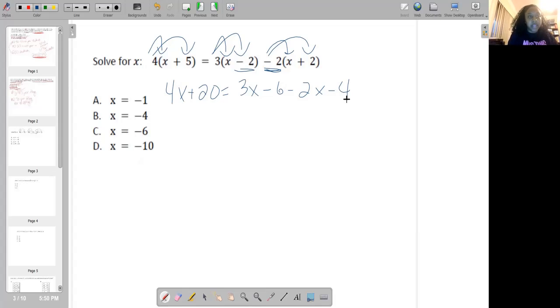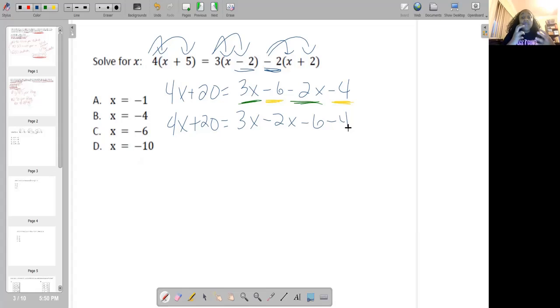Now I want to combine like terms. You notice the 3x and the -2x are similar terms, and then -6 and -4 are similar terms. A good idea is to rewrite it so that you have your like terms next to each other. Remember, the whole goal is to solve for that variable, but there are multiple steps we need to do before we can get to that point to figure out what x is equal to. So I'm going to rewrite all this. Now I'm going to combine like terms.